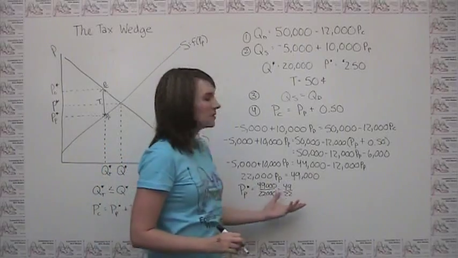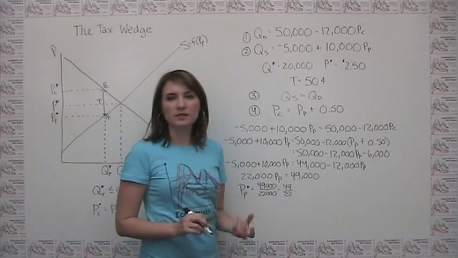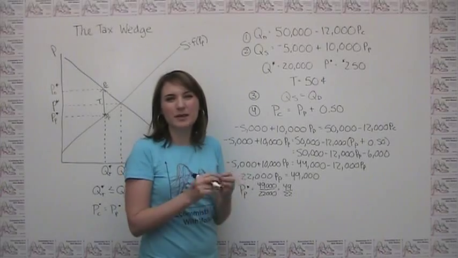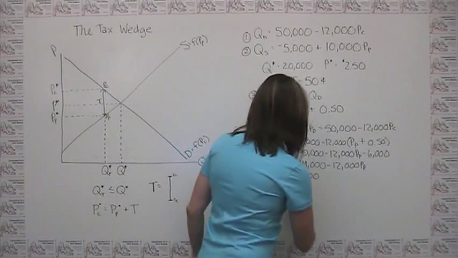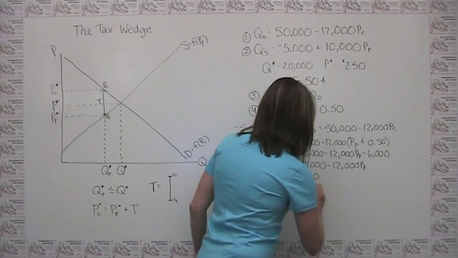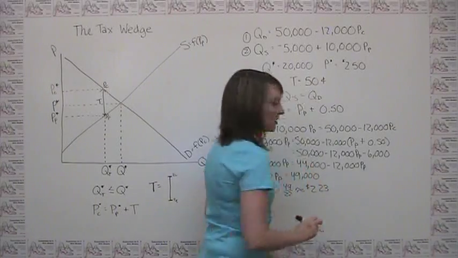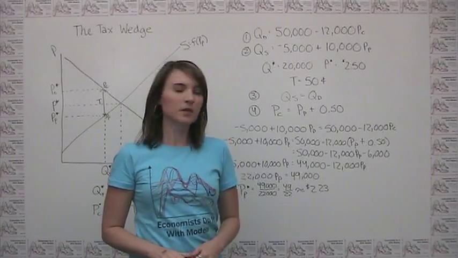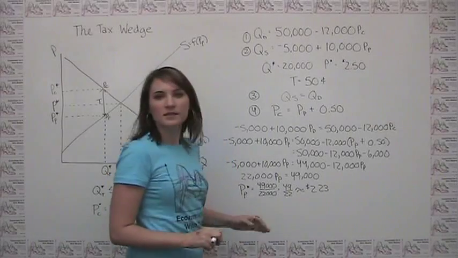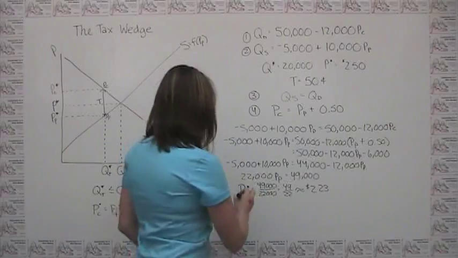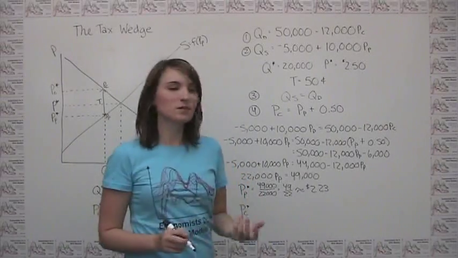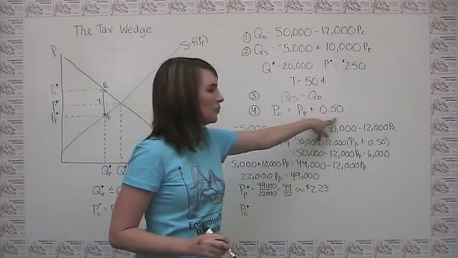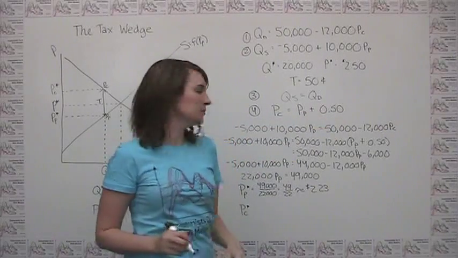And in decimals, because it's a little bit easier to think about the decimals here to get some idea of how big this price is, in decimals this is approximately equal to $2.23. We can then say, well, we know that the price to the consumer in equilibrium has to be the price to the producer plus 1/2.